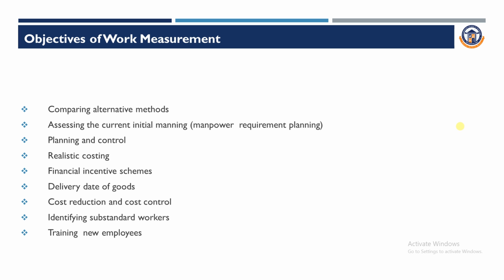Cost reduction and cost control are also possible if we have good work measurement, and it is used for identifying substandard workers, which helps the company to retrain or replace them. It is also helpful for training new employees.